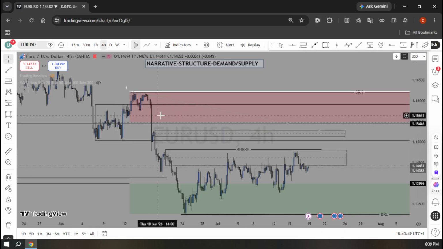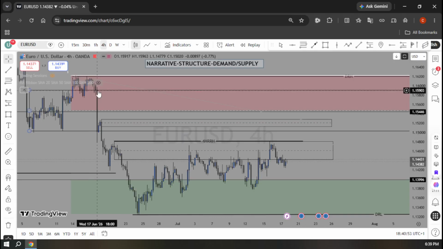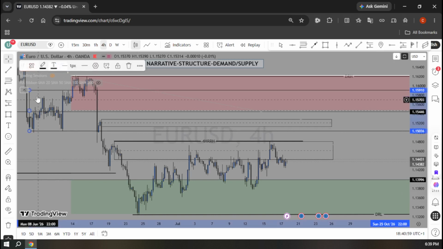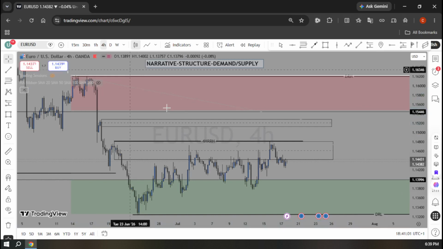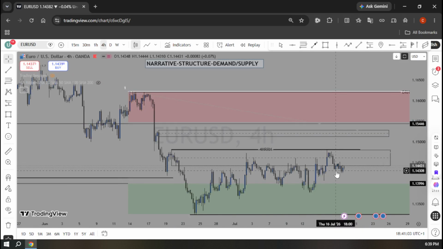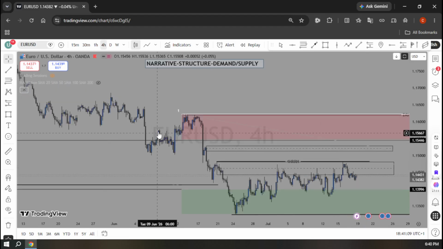Okay, and it aligns right into this area here, stopping right where the order block is that led to the new lows inside here. So I would anticipate price going higher and dropping lower to take out these lows because the major direction is on the low side.